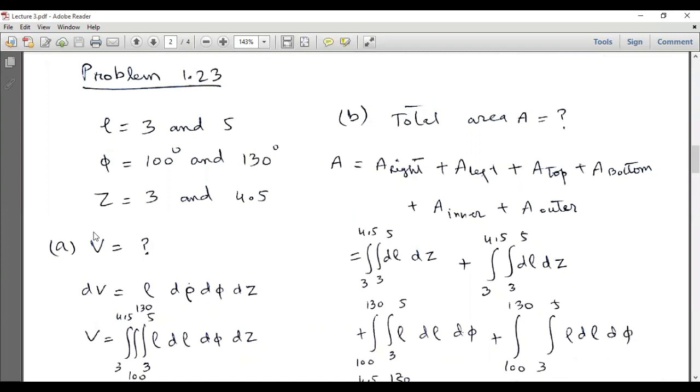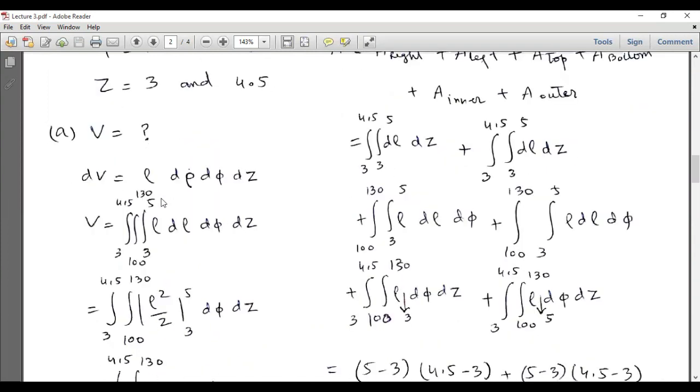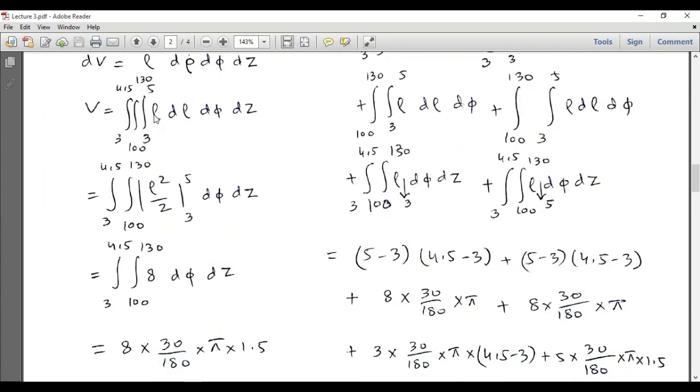So first of all, we will have to calculate the total volume of this element, and we will use the expression for the differential volume, which is rho d rho d phi dz, and we will integrate all these three variables in the given limits. So by putting the limits of this rho, this phi and z, we can easily calculate the total volume. So first we will calculate the integration with respect to rho d rho. So it will be rho square by 2.